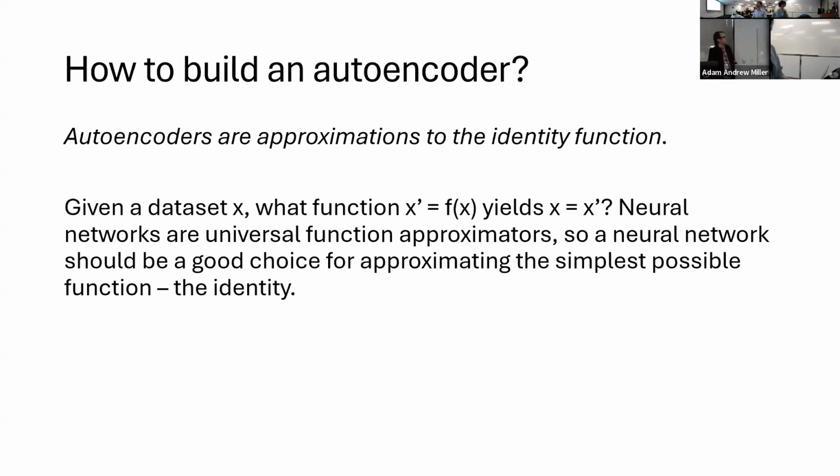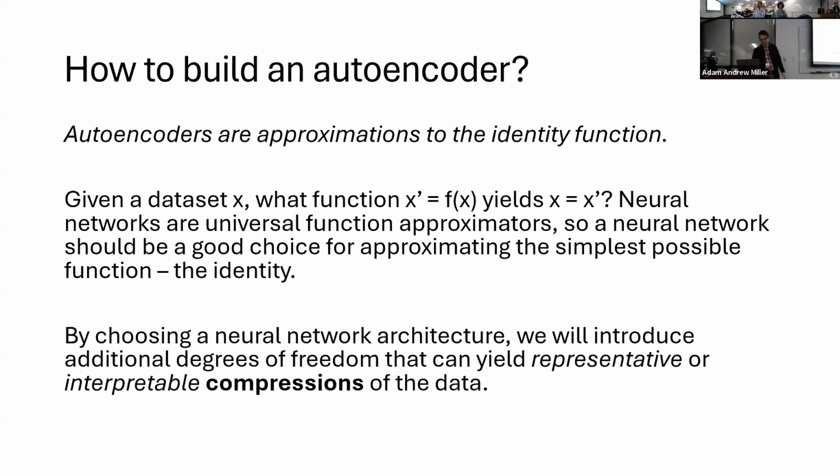So given a data set, we want to learn the function x' = f(x) that yields x = x'. A good choice for this, as I said, is a neural network, because a neural network is a universal function approximator. Whatever this function is, a neural network should be able to learn it in principle. Basically, if a neural network can't learn to multiply by 1, there are problems.